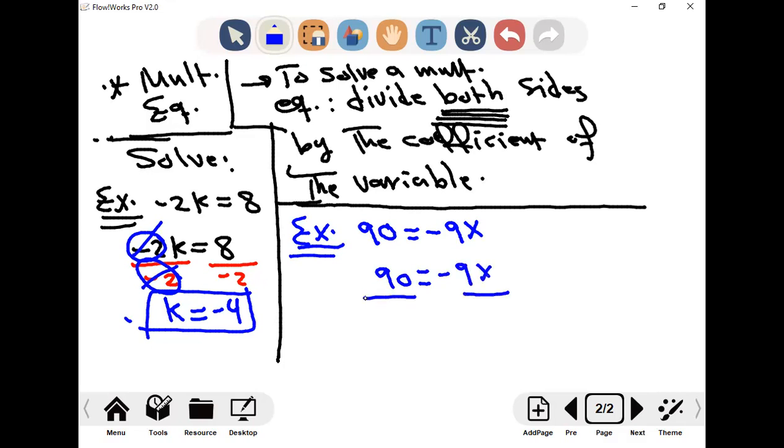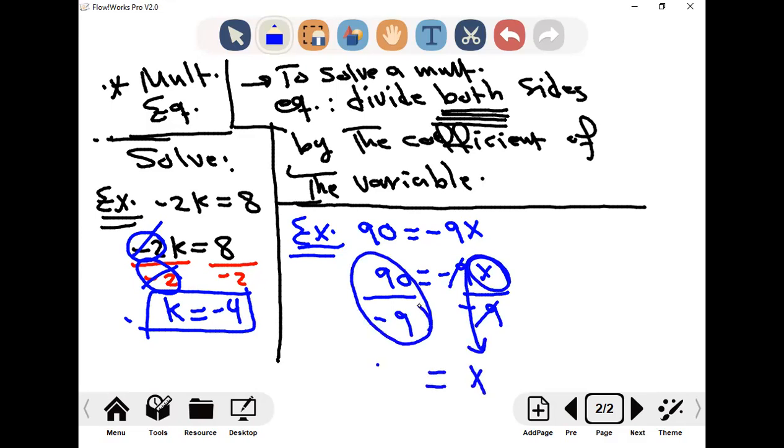Divide both sides by the number, whatever it is: decimal, fraction, positive, negative, divide by that same number. Now cross the -9 with the -9. What is still here? The variable, and x equals the answer. Done. That's the multiplication equation.